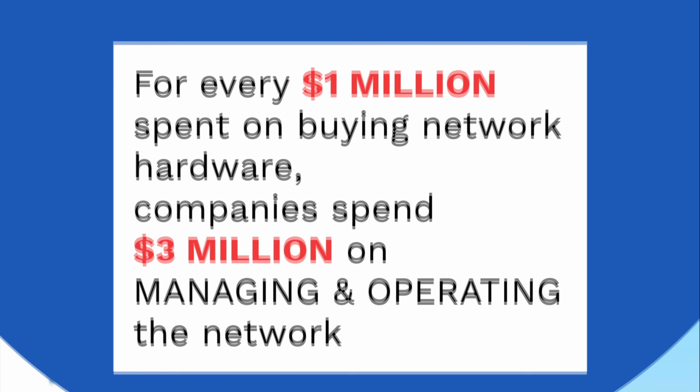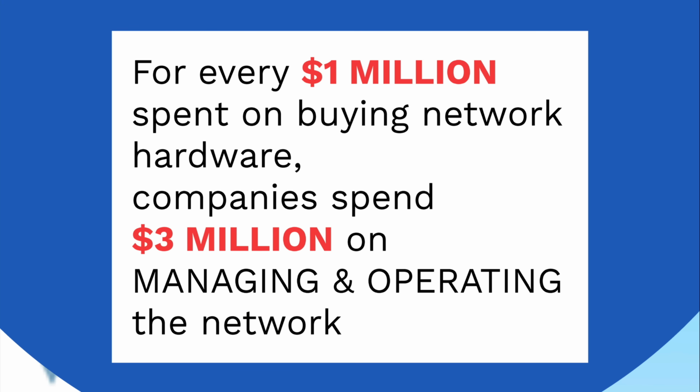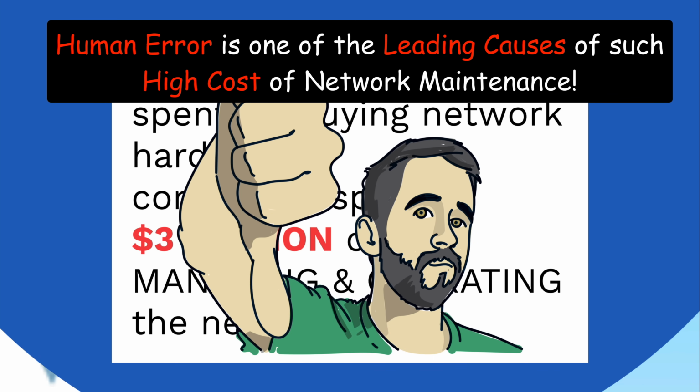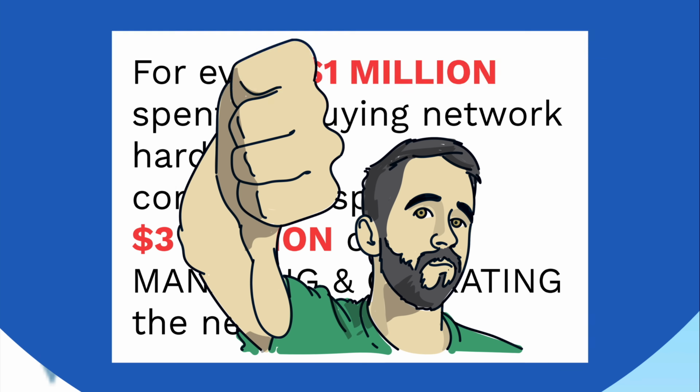What does that mean? For every $1 million you spend as a customer on buying network hardware, most likely you can end up spending $3 million on managing and operating the network. So that's a really, really high cost of operating a network, and that is not cool for most of the businesses.